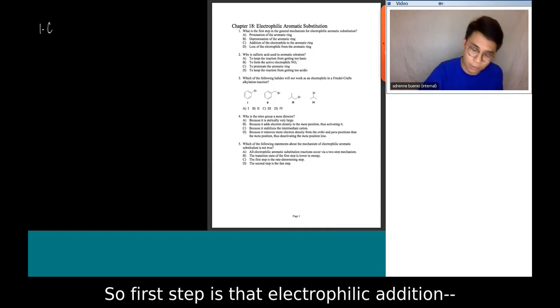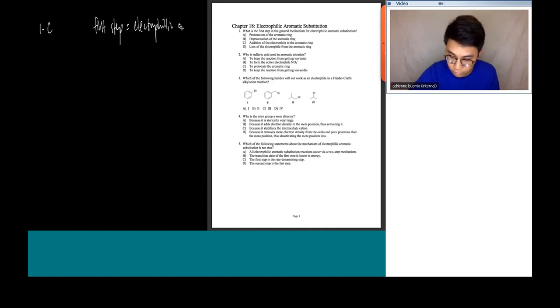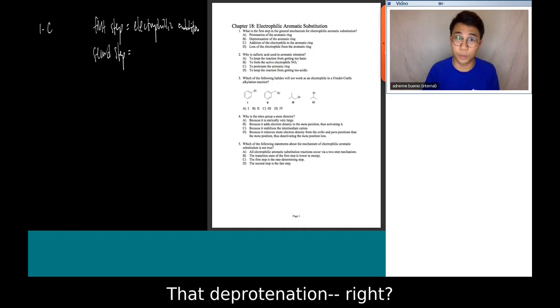The first step is that electrophilic addition, and then the second step is the deprotonation, right?